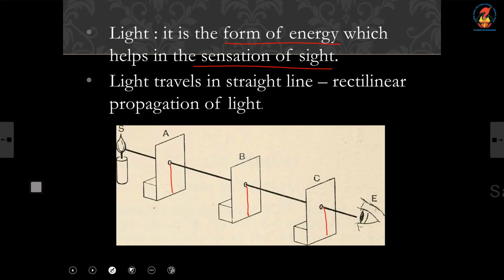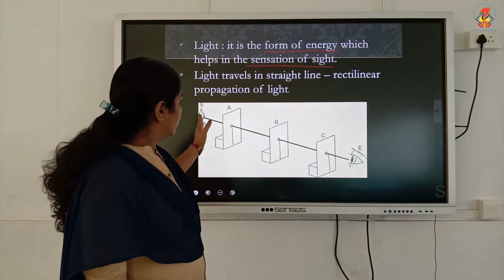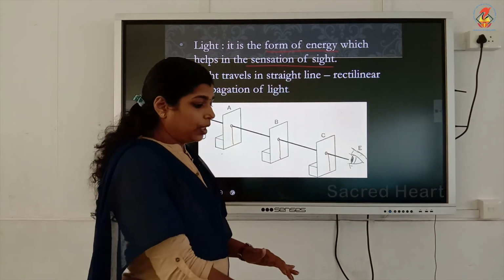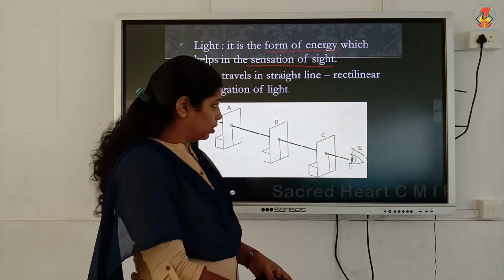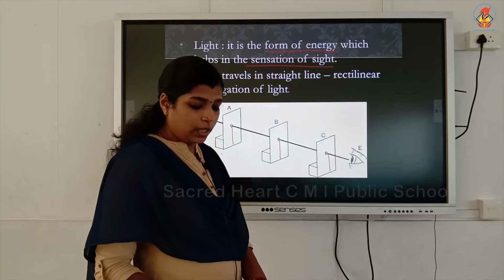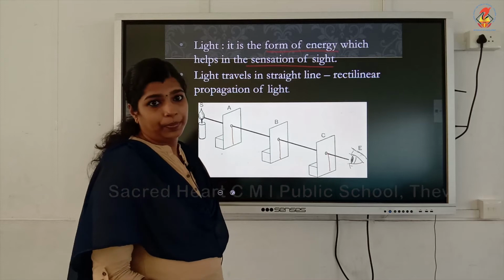Now I have placed a candle that is represented by the symbol S. Now I am viewing through these holes. So when I view through the holes, I will be able to see the candle flame.